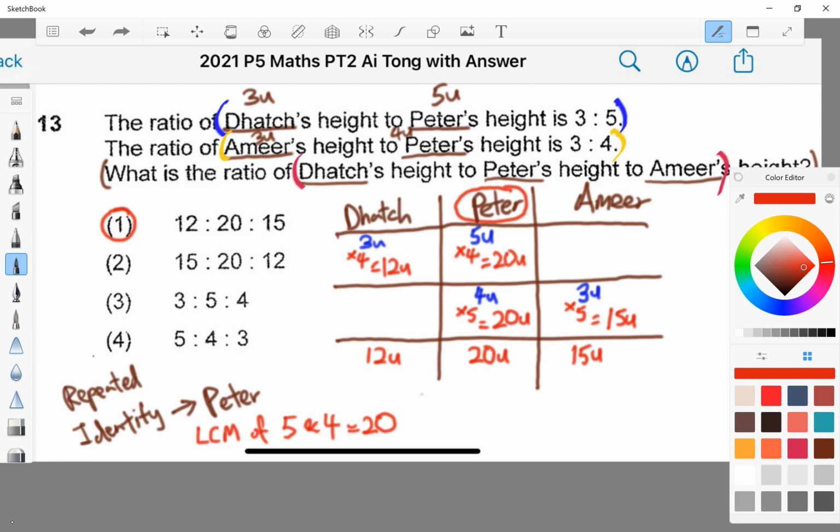Do not solve this question and not indicate on your question paper whichever option you have chosen. You need to indicate your answer so that when you are checking your work, you have something to check, so that you will not be doing the question all over again. Okay, so that's a pro tip there for you.